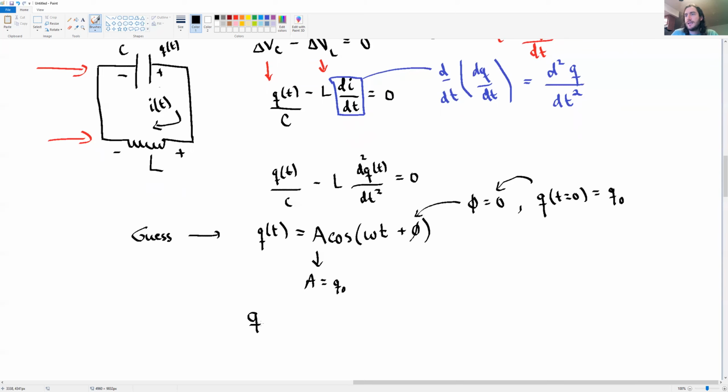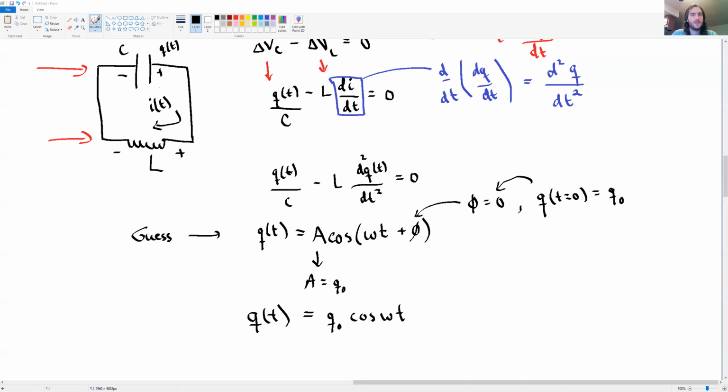And so Q of t is going to be an oscillating function, a cosine function, Q0 cosine omega t, just like we would see for a mass bobbing up and down on a spring as it hangs under the influence of gravity. From that we can figure out what the current is going to be, what the voltage across the inductor is going to be, and so forth.